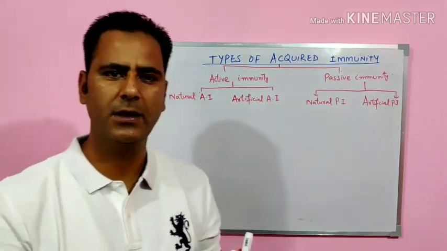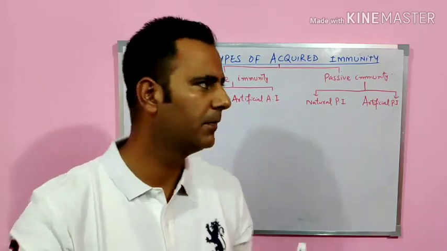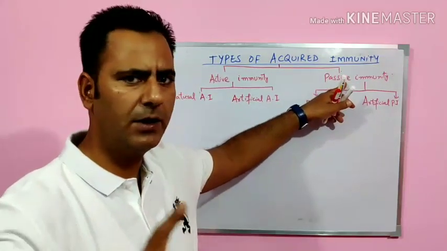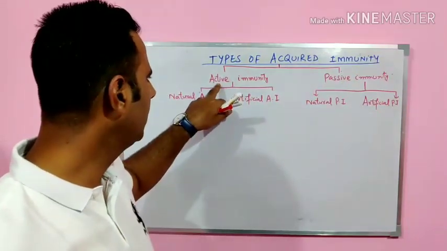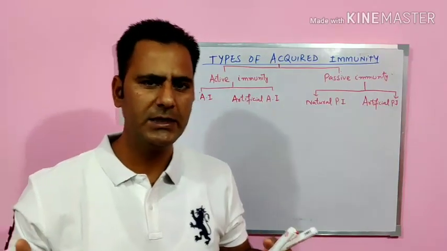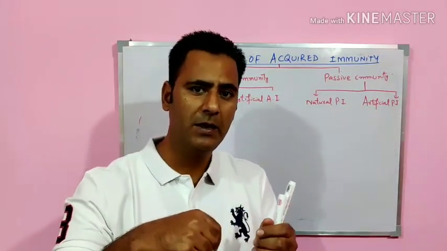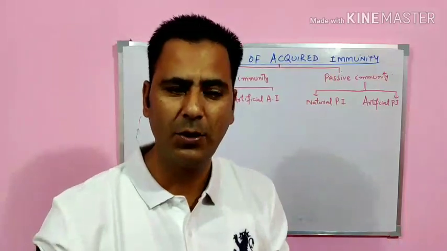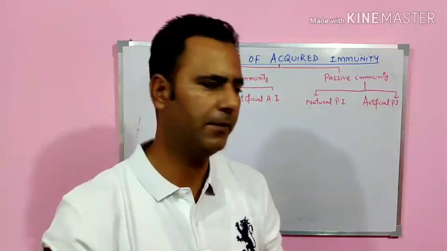Active immunity means where our immune system is actively involved, and passive immunity means our immune system is not actively involved. For example, in case of active immunity, we can presume there is direct activation of our immune system, and that activation will lead to the production of antibodies, and these antibodies are going to kill the foreign invader who will be invading our body.